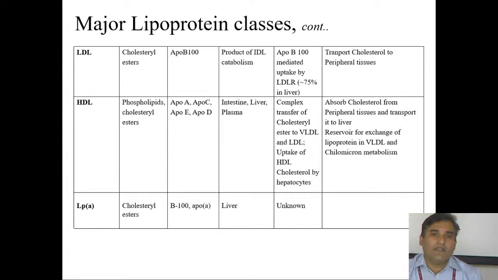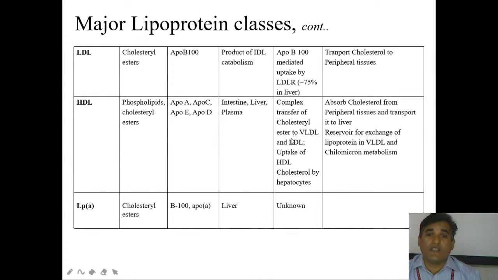And LDL is the cholesterol ester. The major apoprotein is apoprotein B100, a product from the IDL, and this apoprotein B100 is taken up by the LDL receptor in the liver, and it transports the cholesterol to peripheral tissue. And the HDL is very beneficial. HDL has phospholipid and cholesterol ester, with apoproteins A, B, C, E and D, and the source is the intestine, liver, and plasma.